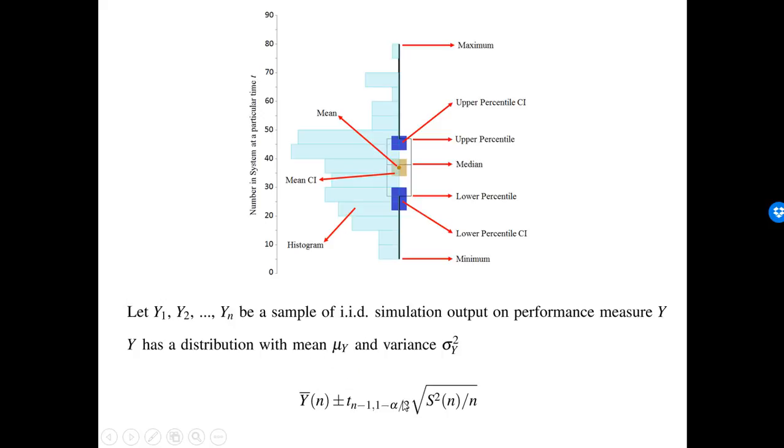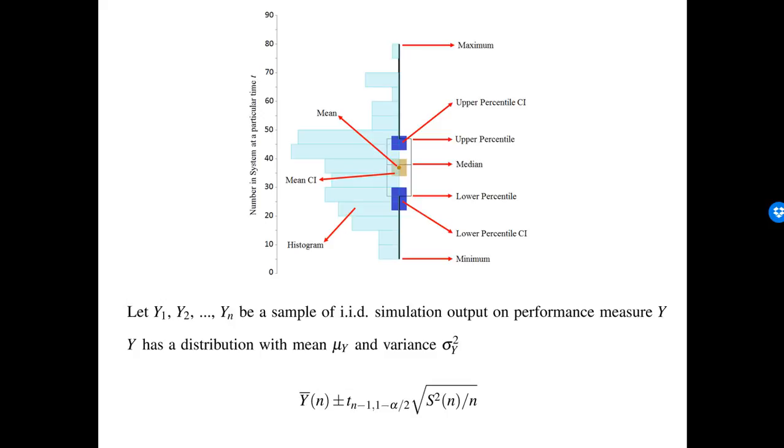So as you can see, this second component in the expression, which we call the half-width of the confidence interval, determines how wide the confidence interval is. It's really a measure of error, because the wider the confidence interval, the less accurate our estimate of the true population mean. And similarly, the narrower the confidence interval, the more accurate our estimate of the population mean.